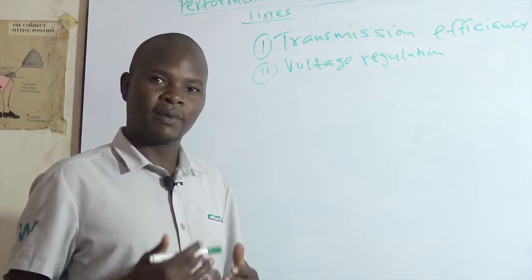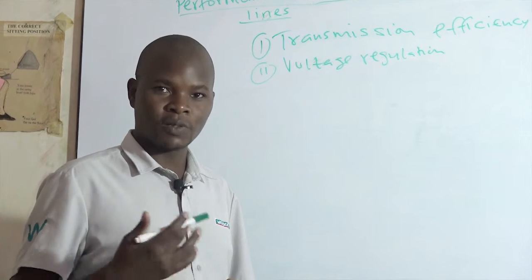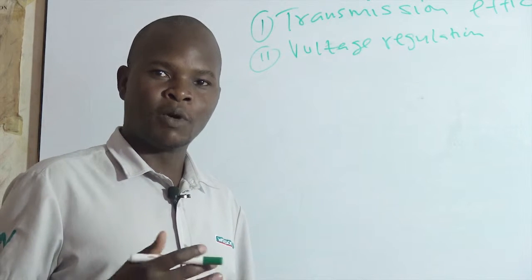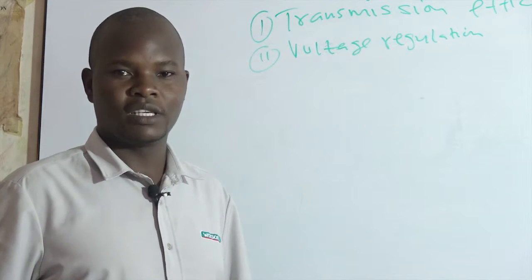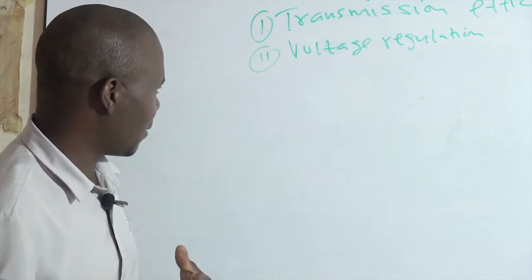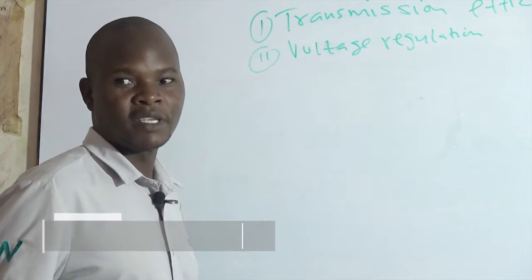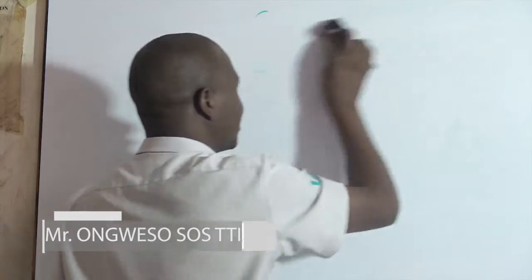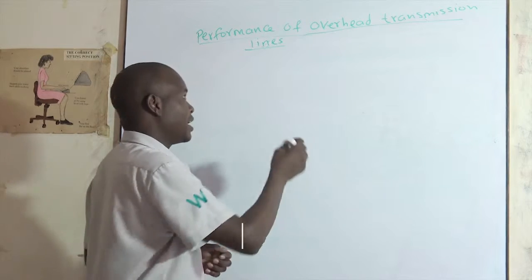We try as much as possible to minimize the losses in the transmission line, such that the energy received at the receiving end is almost equal to the power sent from the substation. Before we do this, let us study the line parameters.